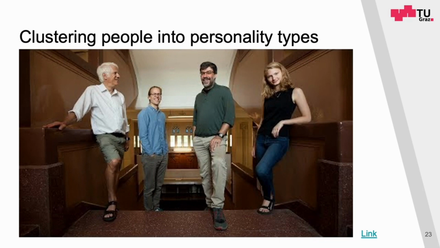So they asked them all the questions about their personality traits, and then they had a ton of data consisting of 5 dimensions basically of those Big Five, and they then applied clustering on the data and found out that there are 4 big clusters, so that there are basically 4 personality types which occur.